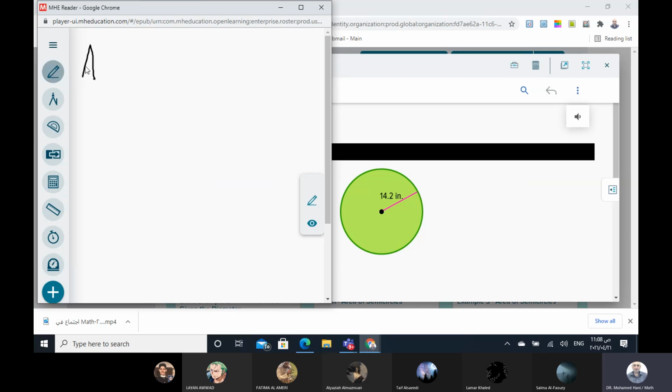The area of the circle A equals pi times r squared. The value of pi will be 3.14 times the value of r, which will be 14.2 squared.